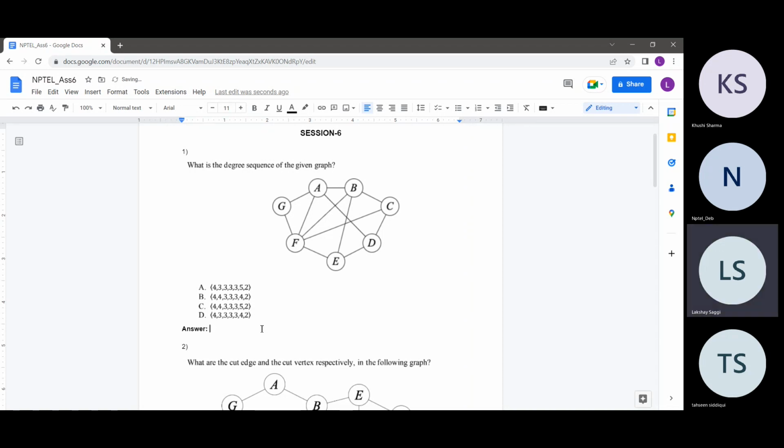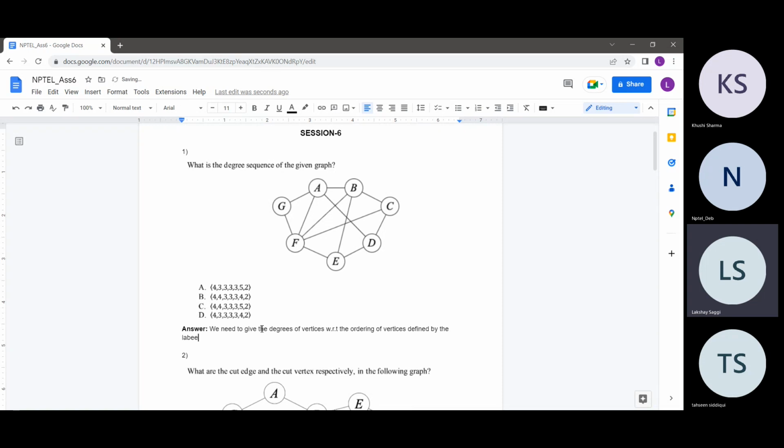Maybe I'll just type it out. We need to list the degrees of vertices with respect to the ordering of vertices defined by the labeling.